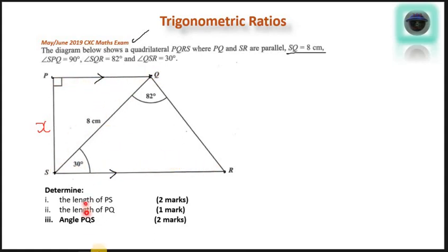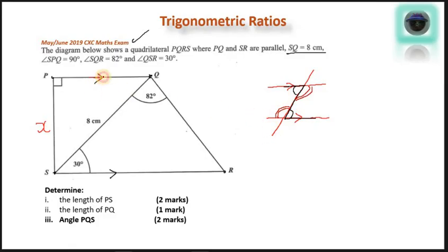One other thing you want to remember is that if you have two parallel lines cut by a transversal, then the alternate angles, in other words, this angle here and this angle here, form a Z. This angle here is equal to this angle, and this one here is also equal to this one. These are alternate angles.